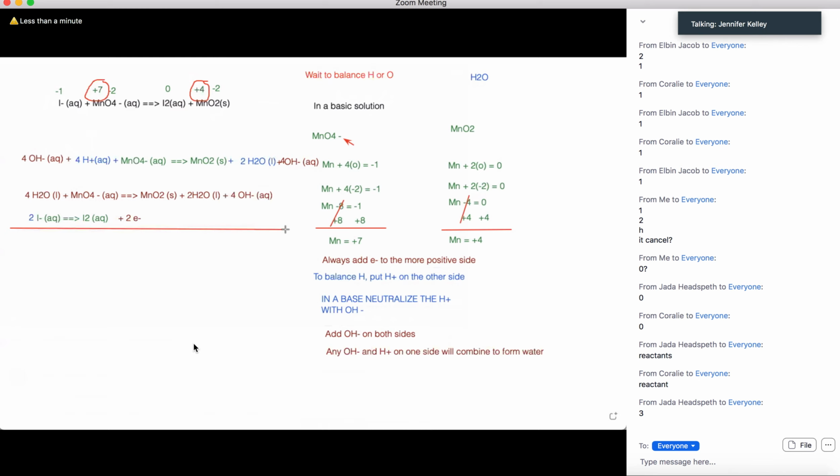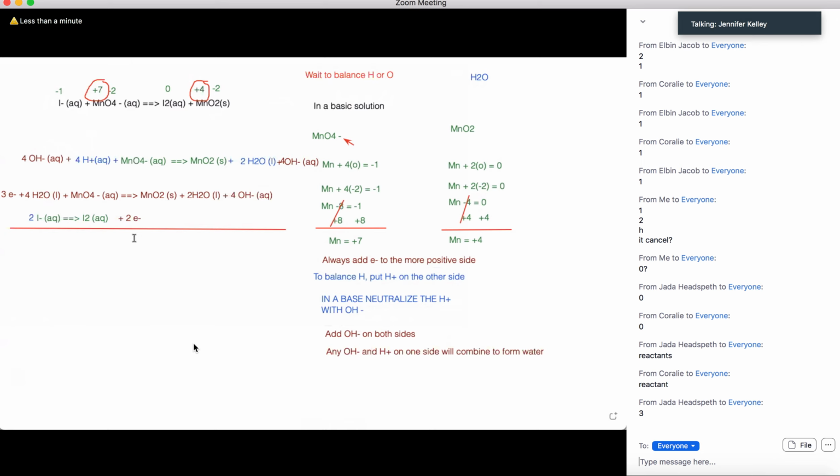But we can't add them together just yet. What did I do with my electrons? They're gone. Let me put the electrons back. I must have accidentally erased them. Sorry about that. There they are. They're back now. All right. So I'm looking at the electrons. The manganese half reaction has 3 electrons, and the iodine half reaction has 2 electrons.